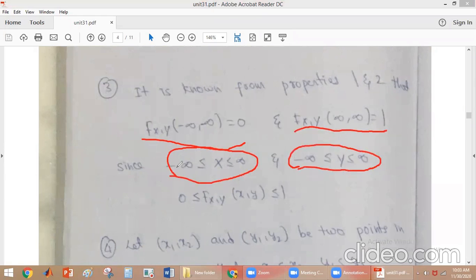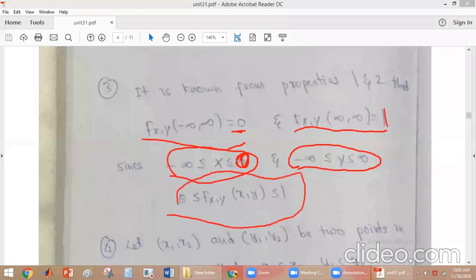So the lowest value is minus infinity comma minus infinity, whose joint probability distribution function is 0. Similarly, the highest value is infinity, no? From the second property we know that the joint probability distribution function at infinity comma infinity is equal to 1. So from the first and second properties we can say that the joint distribution function varies from 0 to 1.